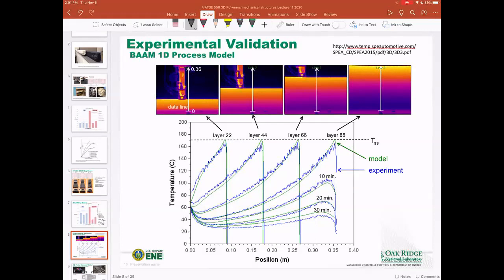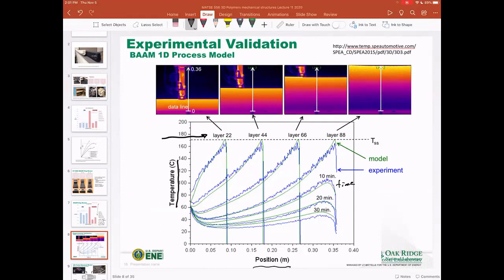And the Oak Ridge folks also have a thermal model for their big area additive manufacturing process, where now they're able to build up for different layers. They're able to build up this temperature as a function of position and time.